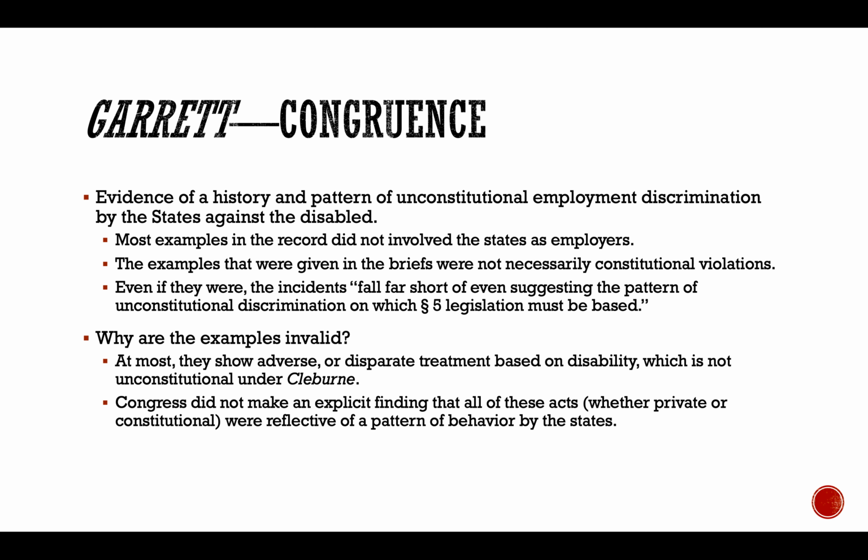And therefore, Congress could conclude, because there is widespread societal discrimination against the disabled, we want to include the states as employers in our prohibitions here. But Rehnquist says that Congress doesn't actually say that, and he doesn't want to let Justice Breyer make that argument or that assumption on behalf of Congress.